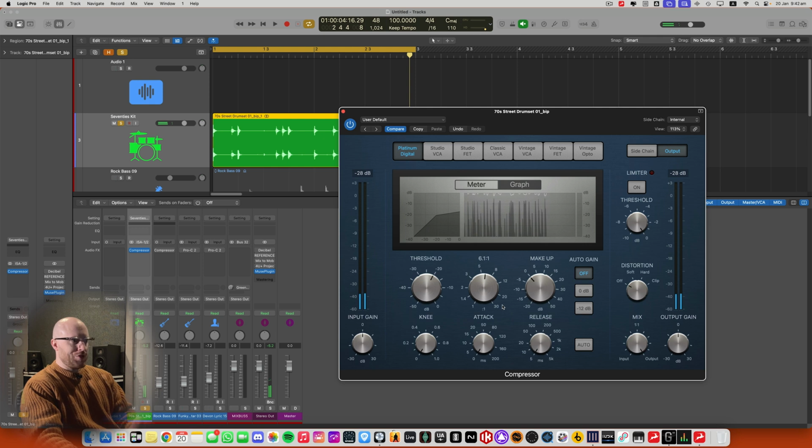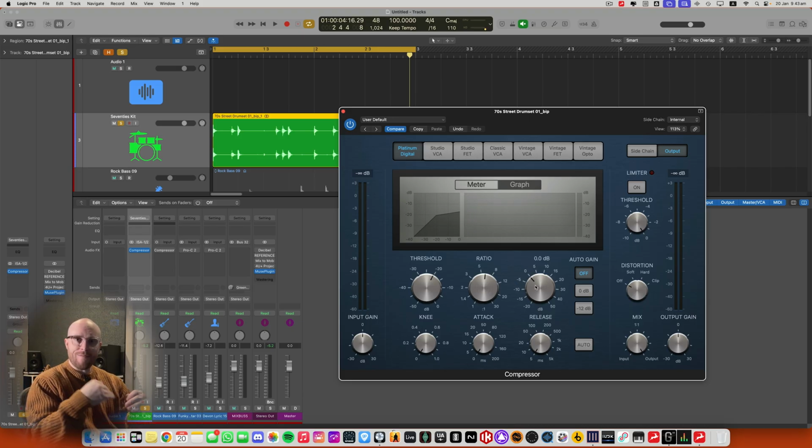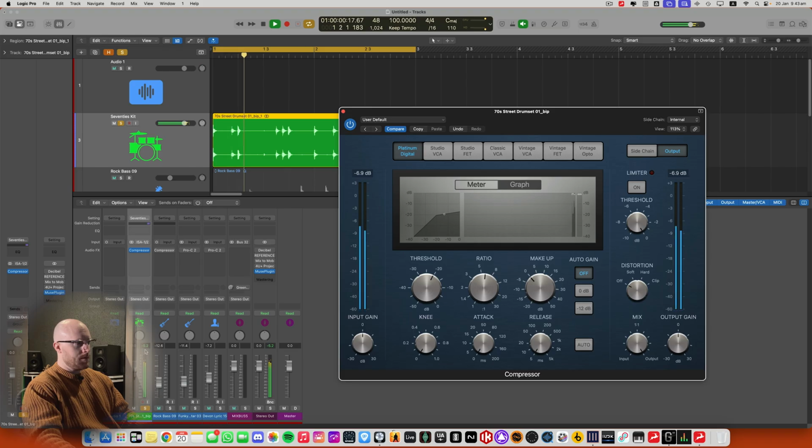Now, the next really simple control to understand on a compressor is the makeup gain. So we can use makeup gain to level match our input and output signal. Now, our input signal was peaking at -5 dB. Our output signal at the moment is at -5.2.